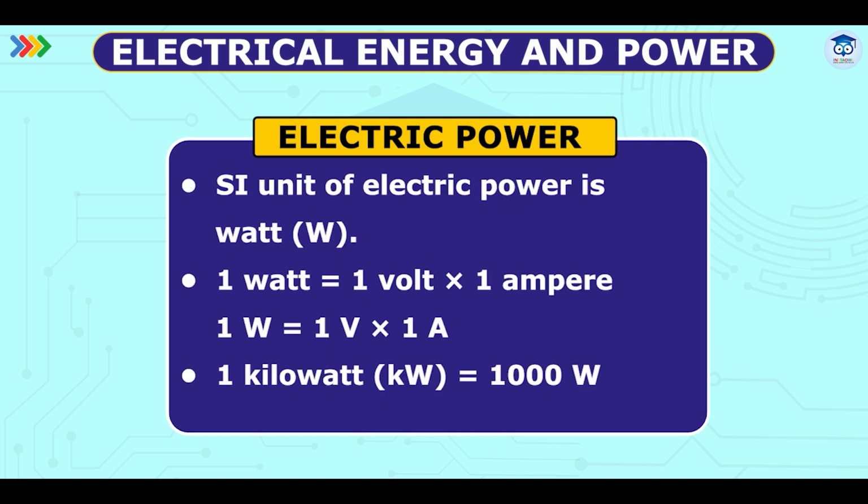The SI unit of power is watt, denoted by capital W. 1 watt is defined as the power consumed when 1 ampere of current flows through a potential difference of 1 volt. That is, 1 watt is equal to 1 volt × 1 ampere. Additionally, 1 kilowatt is equal to 1000 watts.